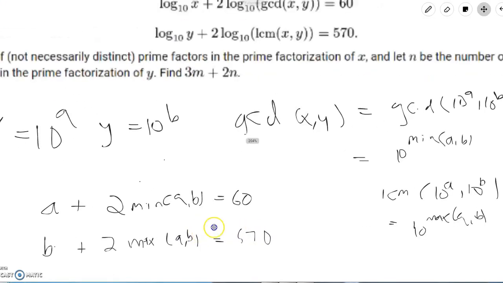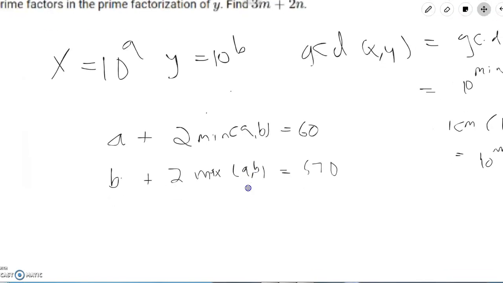Now we can do cases on what min(a, b) is and what max(a, b) is. We see that if we set min(a, b) equal to a, this makes a lot of sense since the equation involving 60 has a inside it, and the equation involving a much larger number, which is 570, has b inside it.